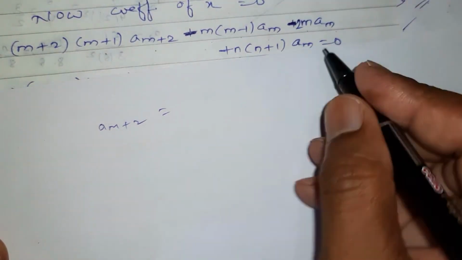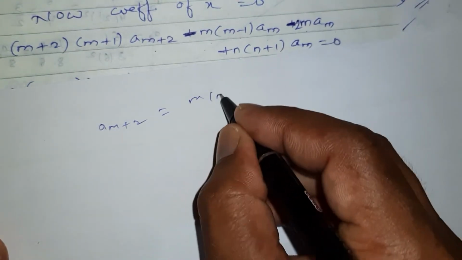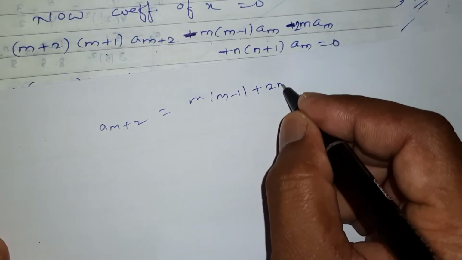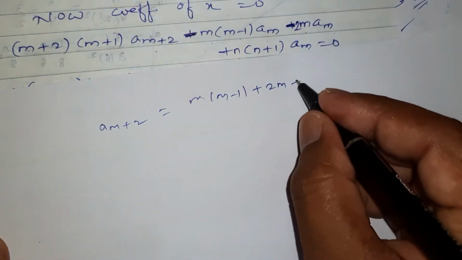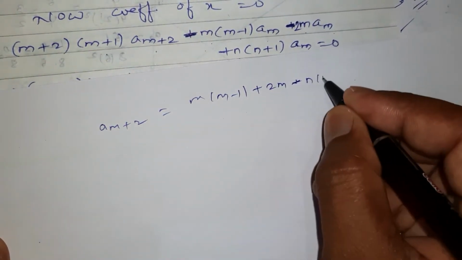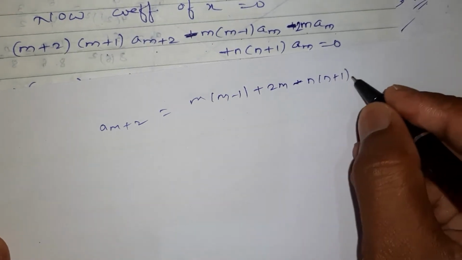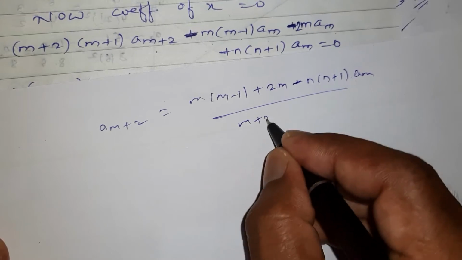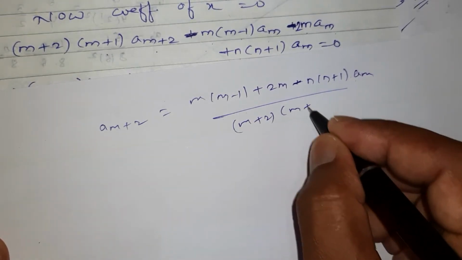Here the minus term becomes positive. So m minus 1, plus 2m, plus minus n into n plus 1, times am, upon m plus 2 into m plus 1.